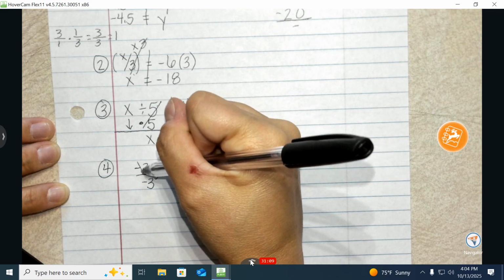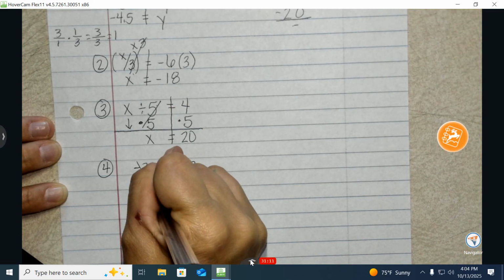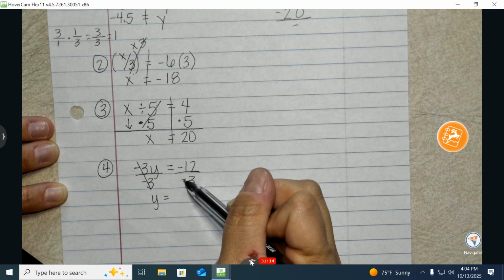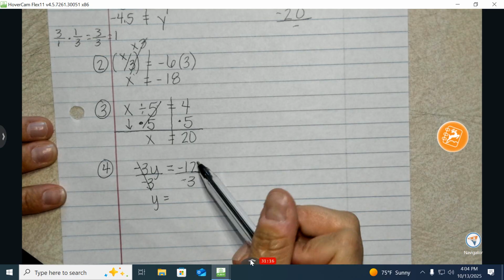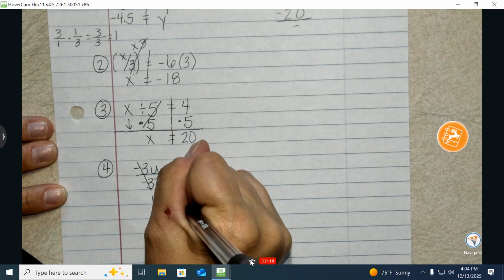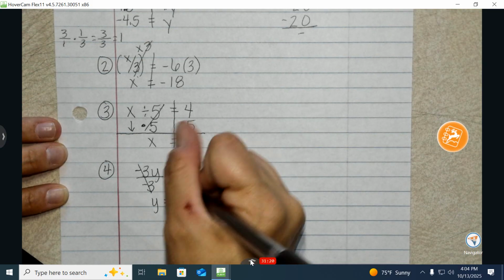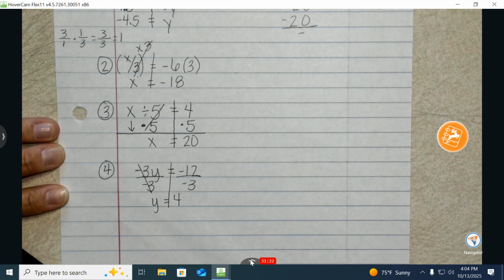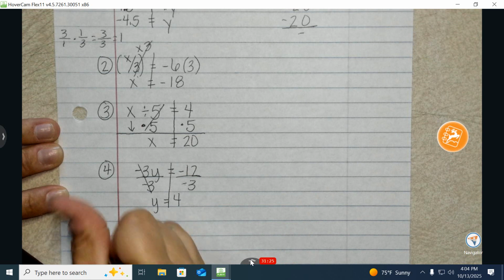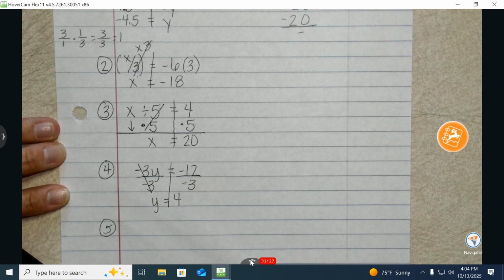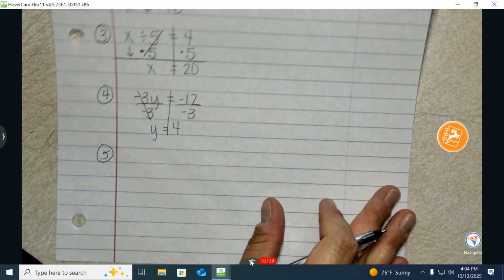That's 1, so it's going to cancel out. You have y equals a negative divided by a negative is a positive, and then 12 divided by 3 is 4. Make sure you're drawing your line to keep things nice and organized so you don't miss things somewhere.